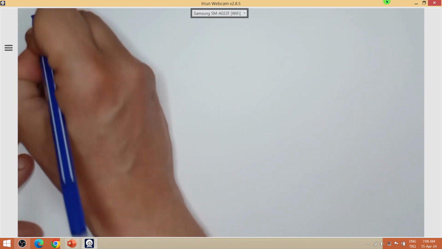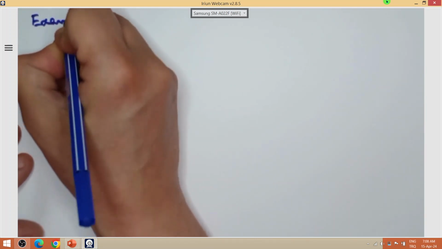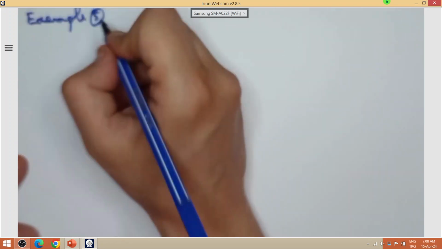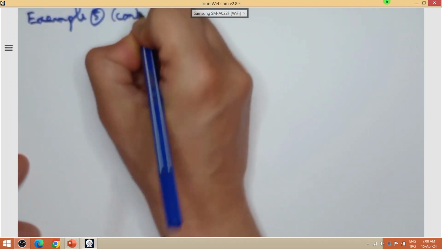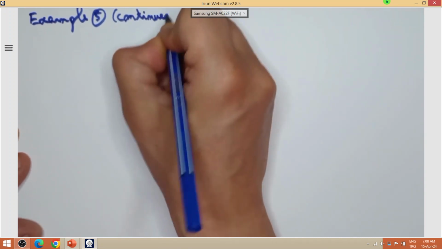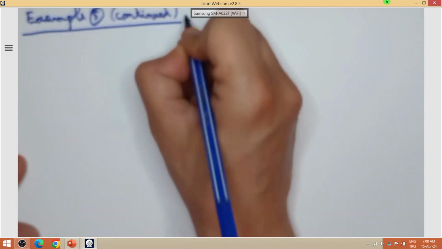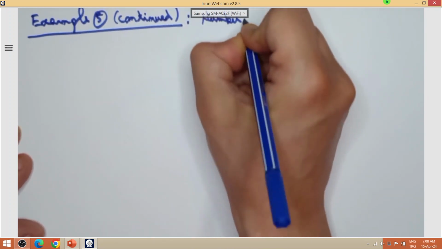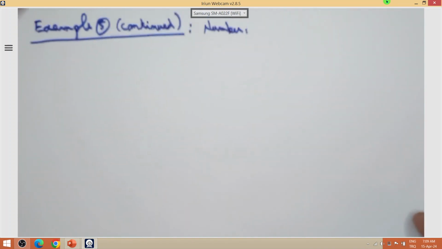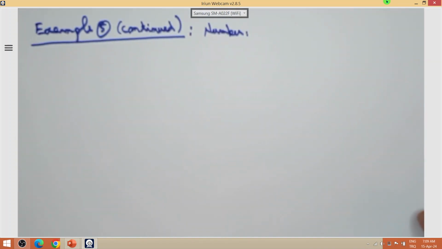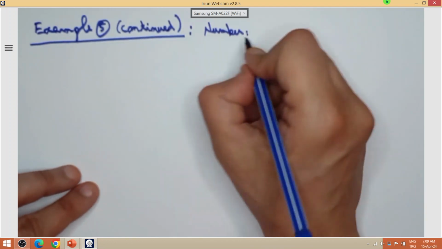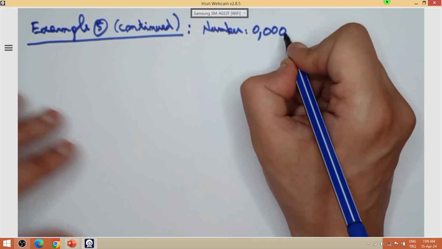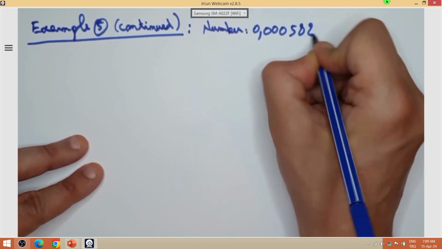We are still in example 5, continued, the example of the number 0.000582.